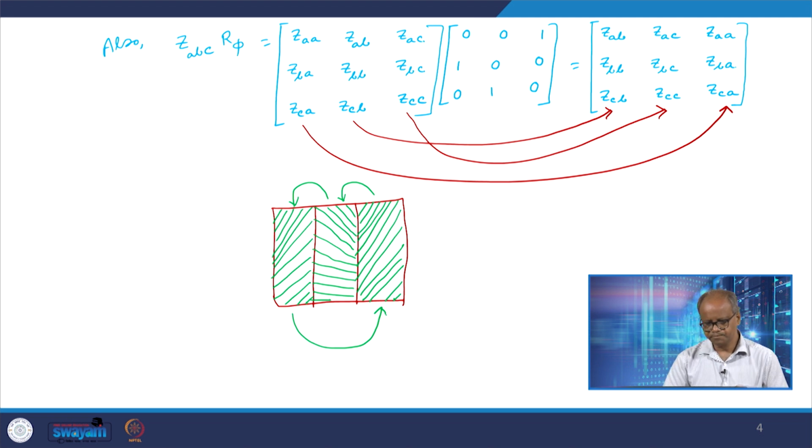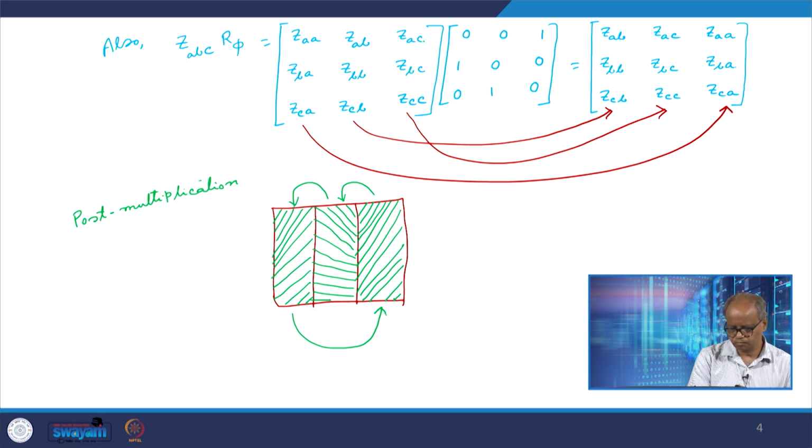So that is the effect of post multiplication by R phi. So this is the case.